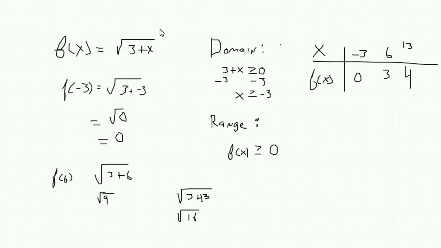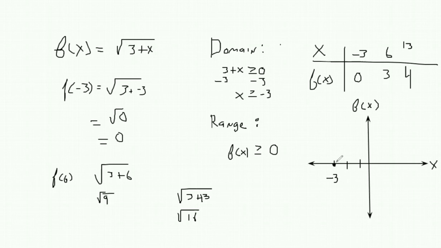All right, so now we can graph this. Draw my lines. And so we have our x, we have our f of x. So when x is -3, so 1, 2, 3, -3, I'm right there on the line.